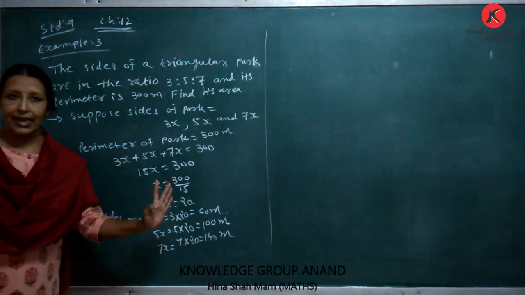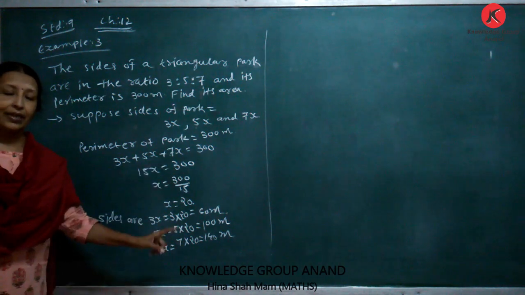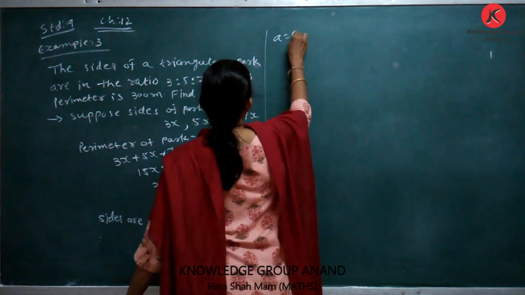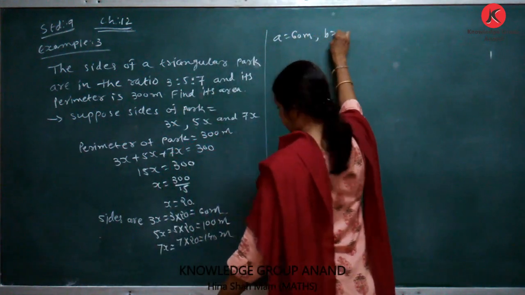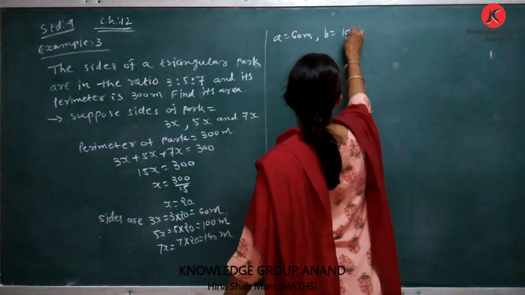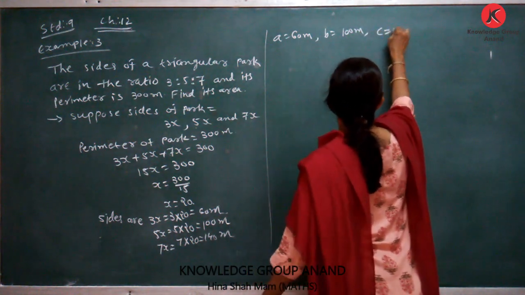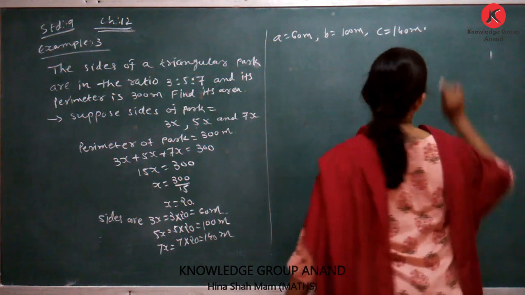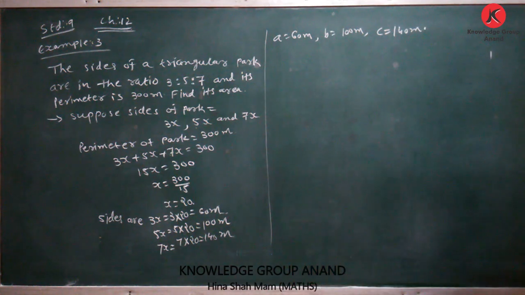Here we find sides A, B, C. A is equal to 60 meter, B is equal to 100 meter and C is equal to 140 meter. Now what do we find? First we find the semi-perimeter. Semi-perimeter is equal to perimeter divided by 2.